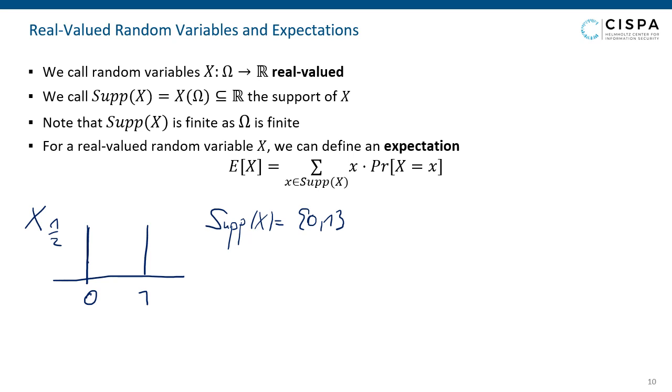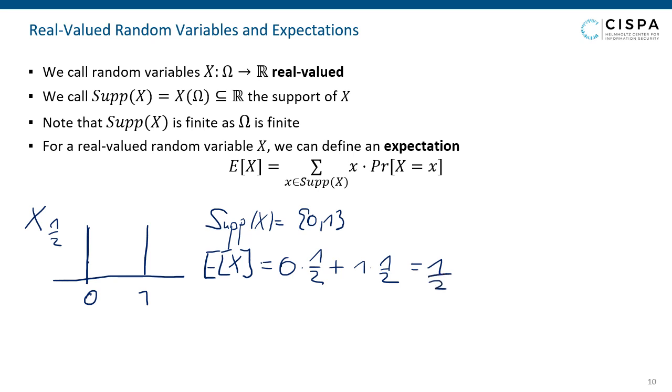How do we compute the expectation? Well, the expectation of x is 0 times the probability that we get 0, that's 1/2, plus 1 times the probability that we get 1, which is exactly 1/2.